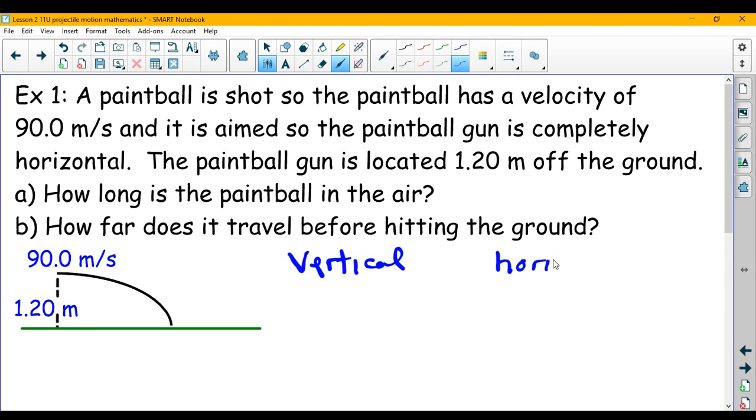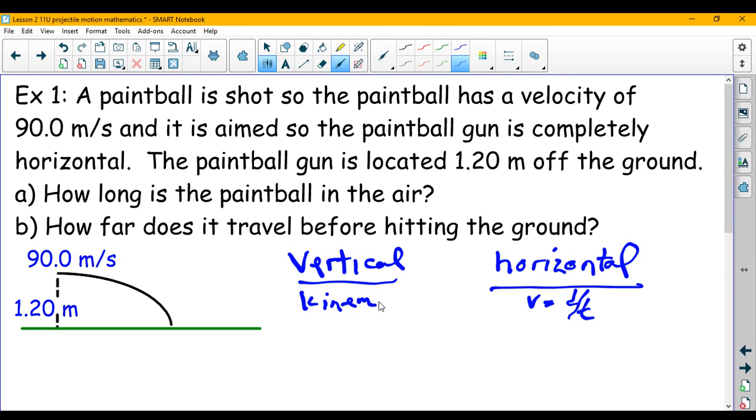I need to make sure I separate these because remember, horizontally we are only going at a constant velocity. So the only equation I can use is v equals d over t, right? That's all I got. However, vertically, I can use the kinematics, right? I've got those 5 equations, and that's because it's accelerating due to gravity. So that's important to realize.